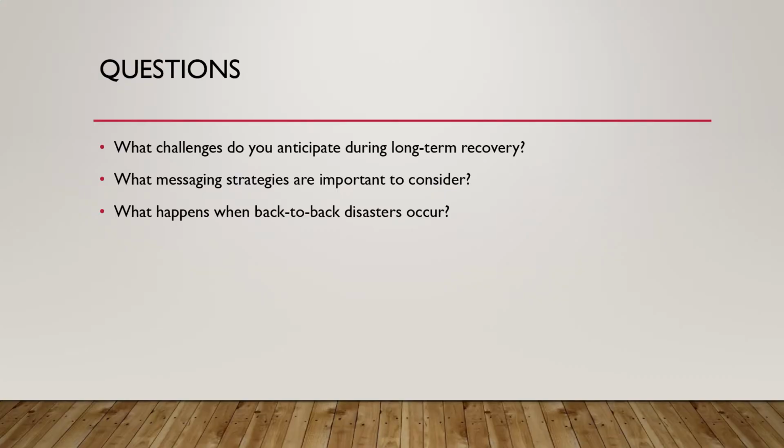So in thinking about long-term recovery, I think we talked about one of the big challenges is getting that message across, helping folks understand how long-term recovery really is, and helping to explain that in layman's terms. We're good about using our lingo, but how do we send that message out to the public?